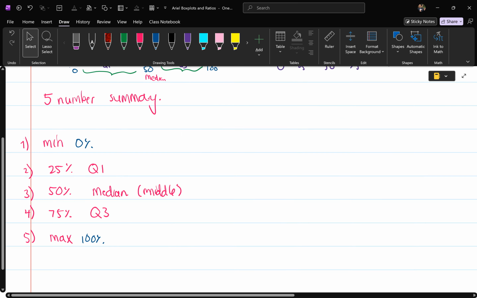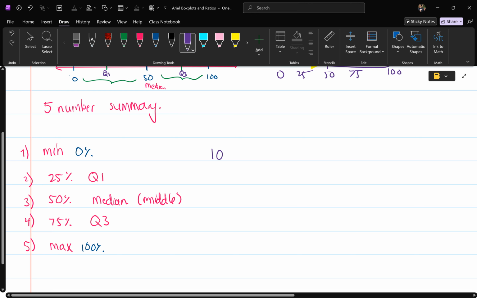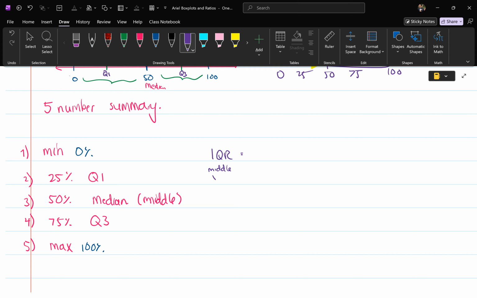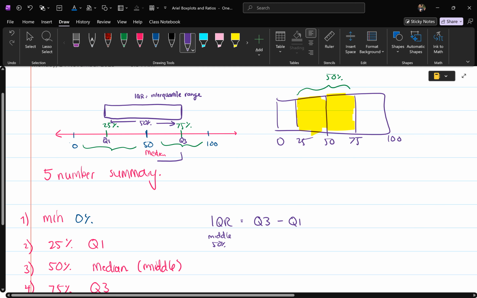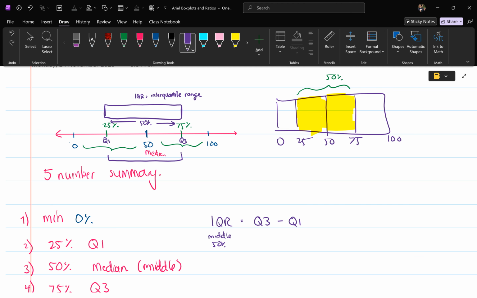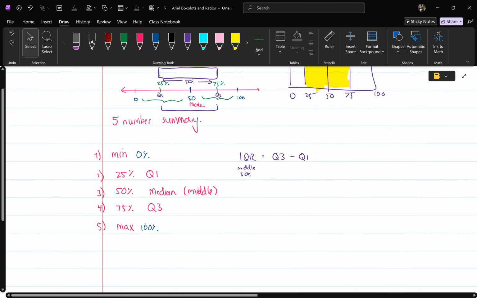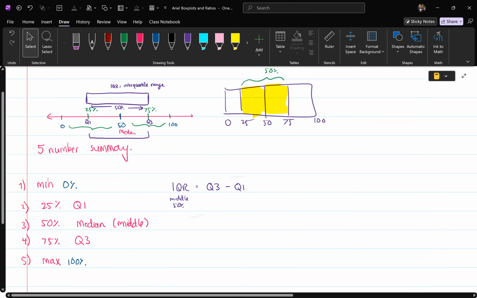So in summary, IQR, or the middle 50%, you can find by taking the 75th percentile minus the 25th percentile, or think of it as Q3 minus Q1, which will tell you how far it is. Okay, so that's IQR.